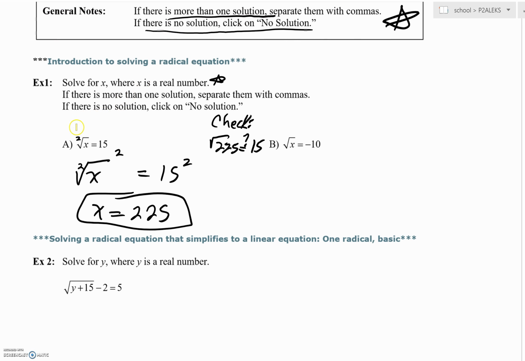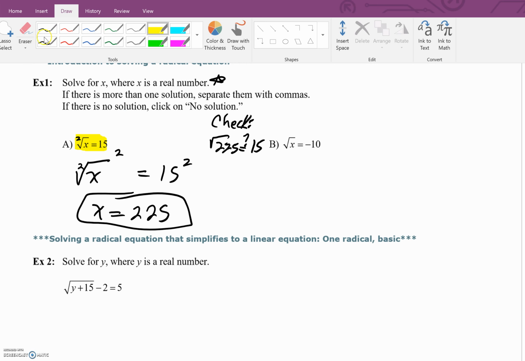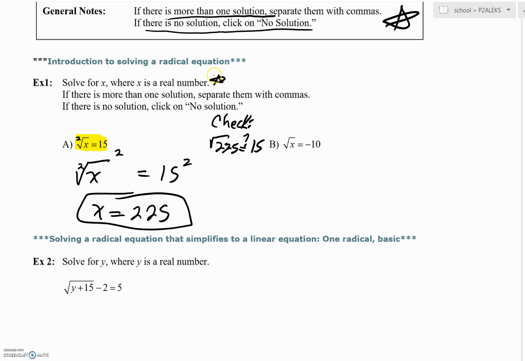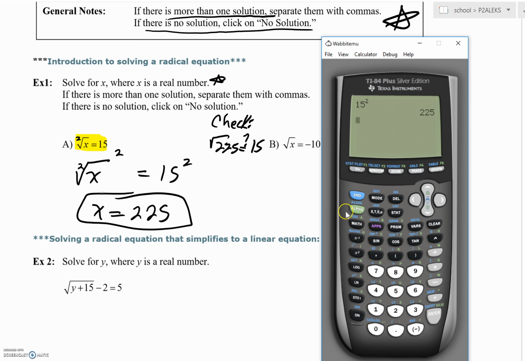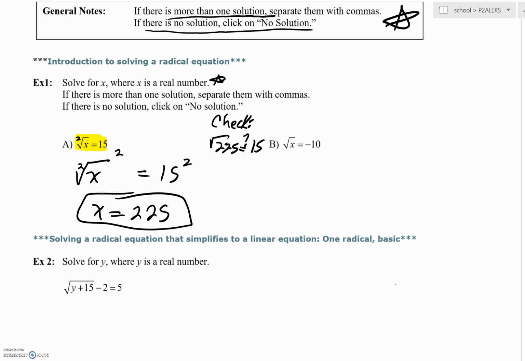We're going to see already from the context of the directions that that's not always going to happen. So, when you take the square root of 225, I'll go second radical. You can see that it does, in fact, work out. You do get a 15, so this checks.